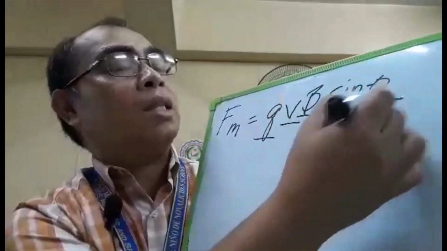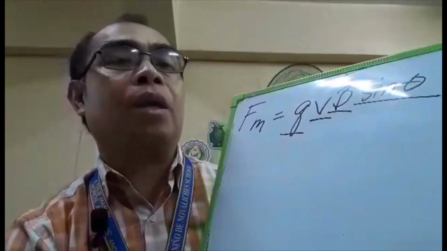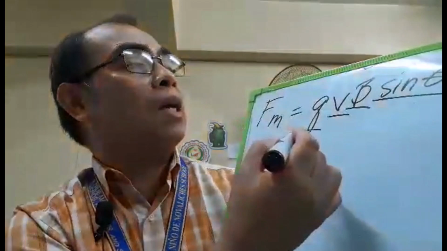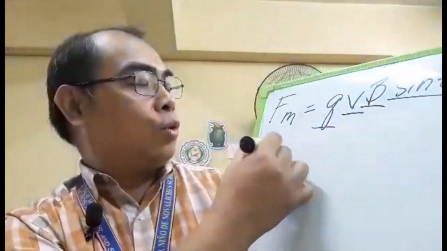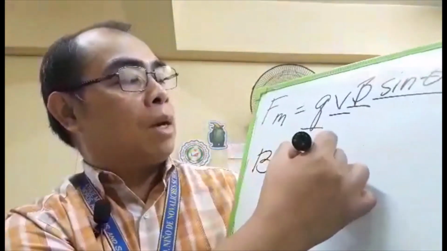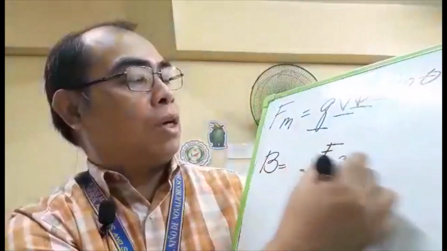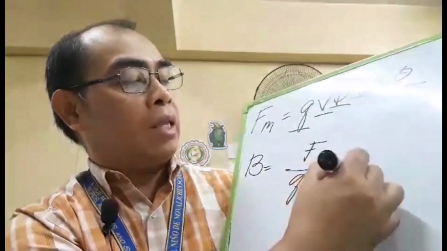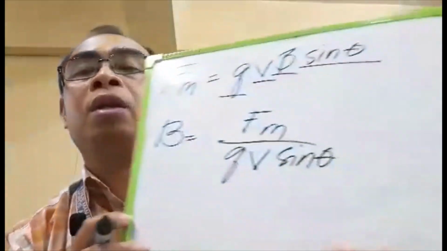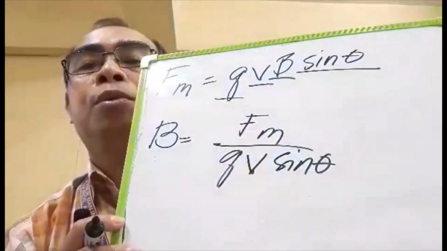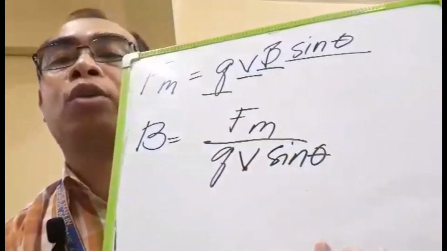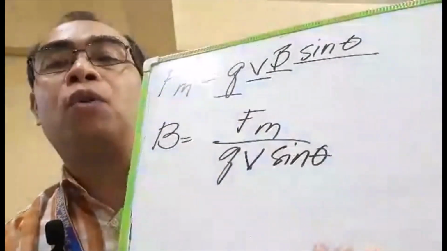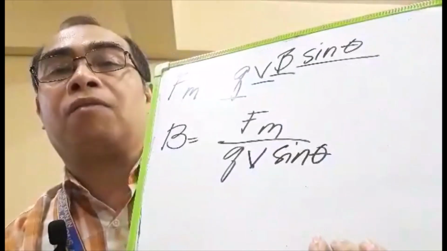And theta is the angle. So magnetic force is equal to QVB sine theta. If you're going to solve for B, we have magnetic force over Q V sine theta. Ito po yung our equations on how to solve the two: the magnetic force and the magnetic field.